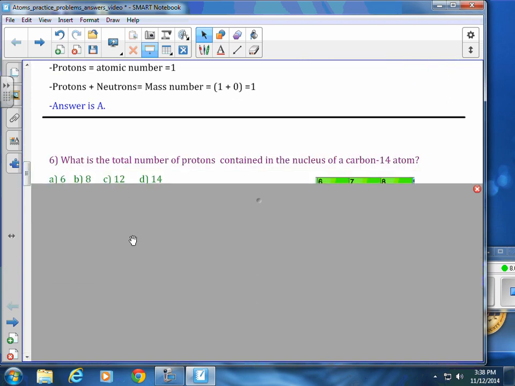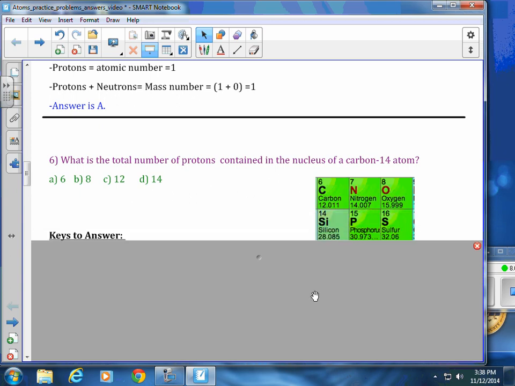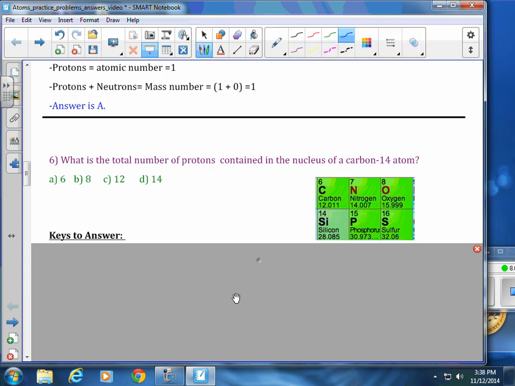Okay. Number 6. What is the total number of protons contained in the nucleus of carbon-14 atoms? So again, these are similar questions, just worded in different ways. So the total number of protons contained in a carbon-14 atom.